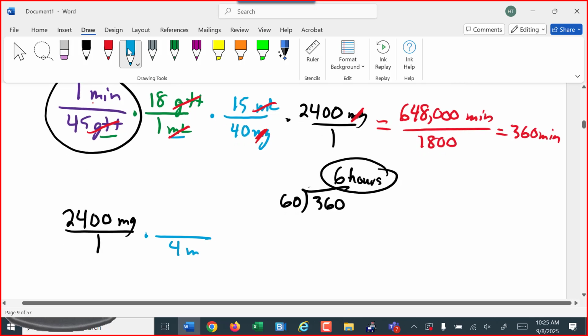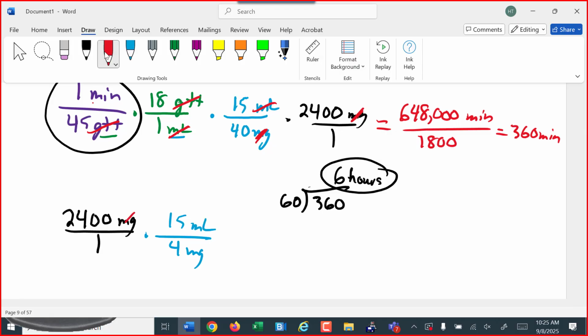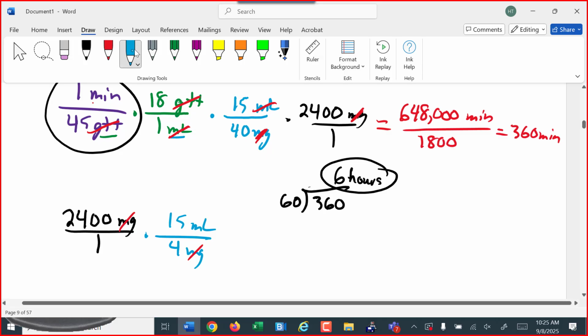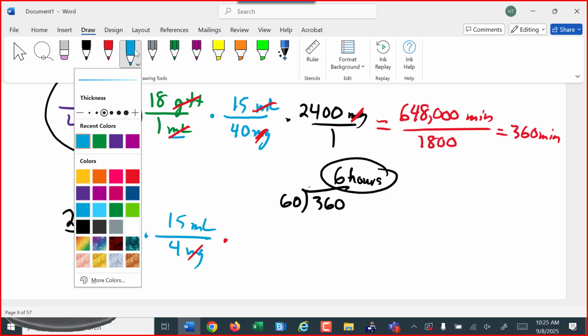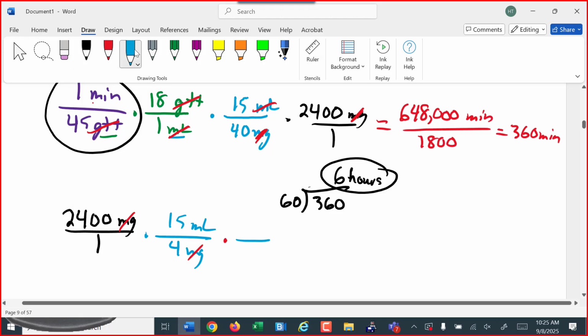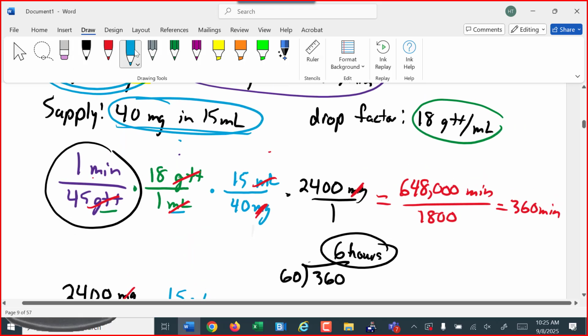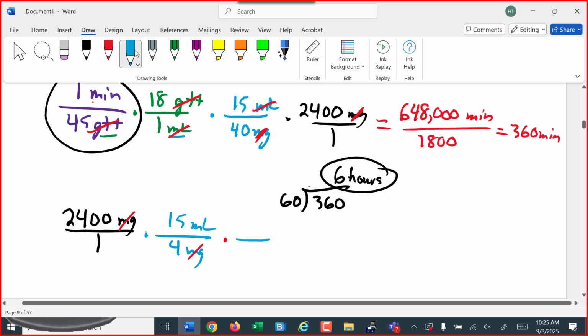So 40 milligrams, 15 milliliters. Milligrams cancel out. I have my drop factor saying that 18 drops equals 1 milliliter.